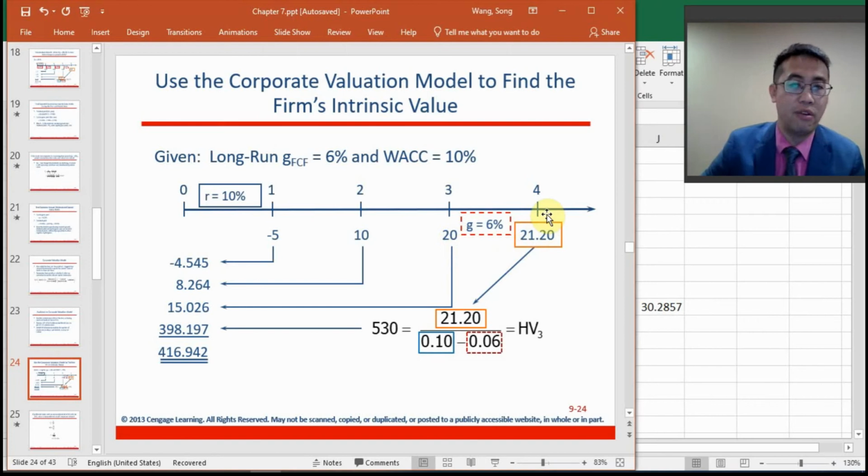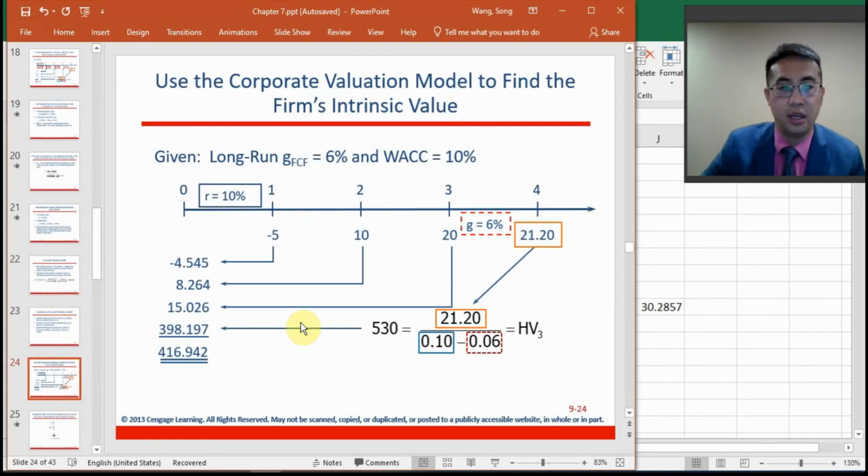And then starting from year four, we assume a constant growth rate at 6%. And we still use the same old technique to solve for the stock price today, except that this time the cash flows are not dividends, but are free cash flows based on this giant formula.